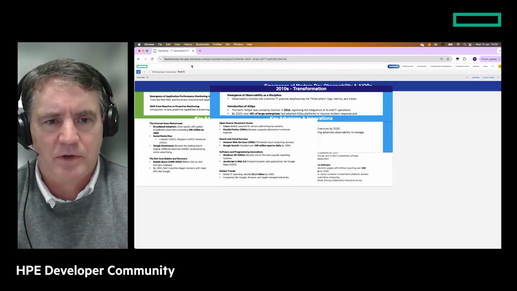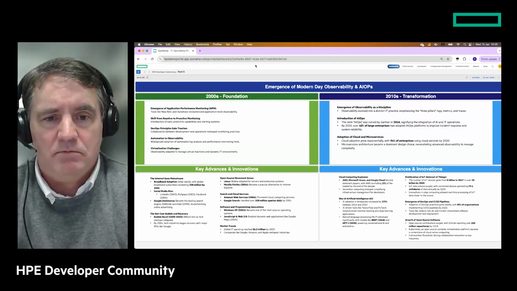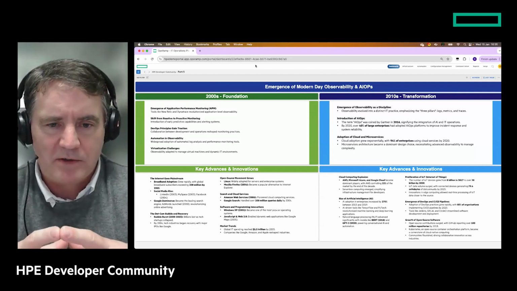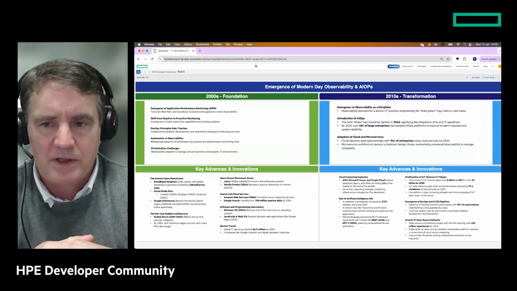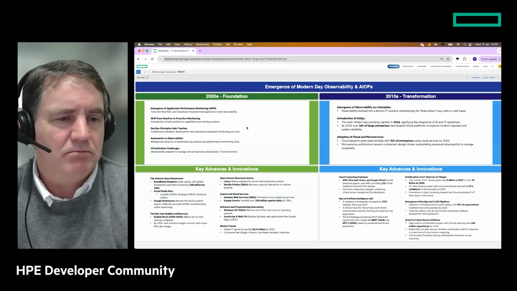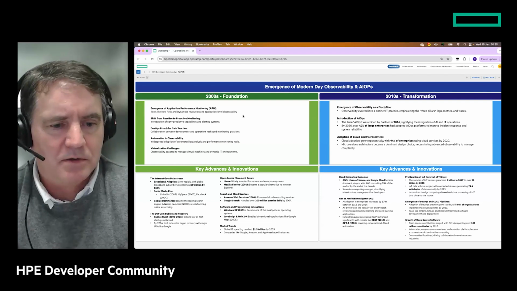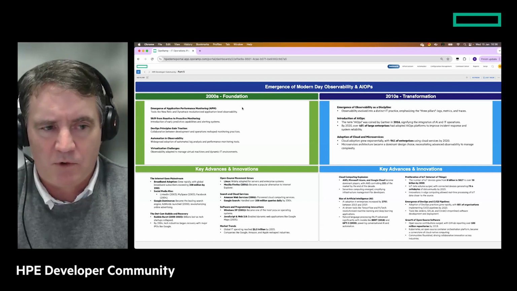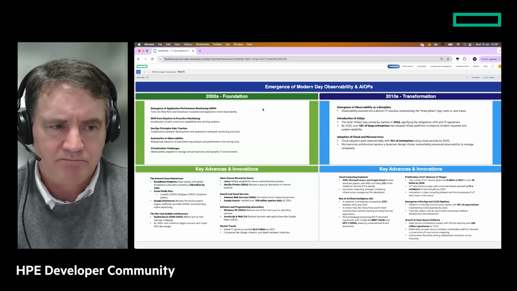So moving on to modern day observability, starting with the 2000s and up until the end of the last decade. Around 2001, 2002, we started to see the emergence of a technology called APM, or Application Performance Monitoring.